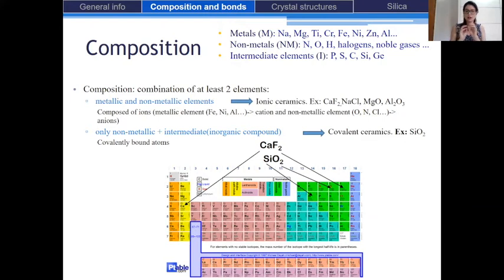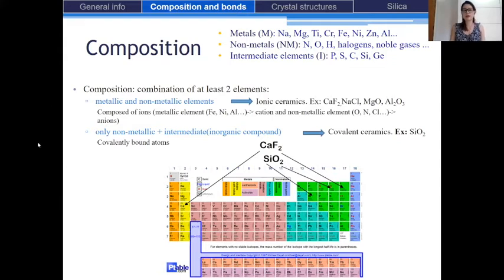And the other element will be a non-metallic element like oxygen, nitrogen, chlorine. These non-metallic elements, due to their electron structure, will tend to gain the electron that the metallic element will give to them. So with such composition, metallic and non-metallic elements, creation of cations and anions, and formation of ionic ceramics. Here you have some examples of ionic ceramics.